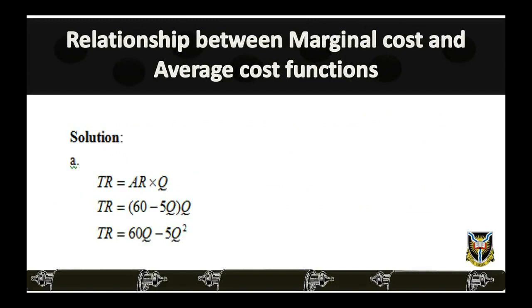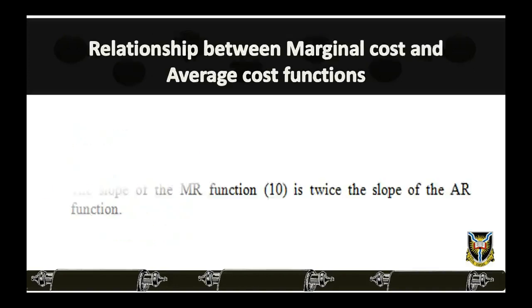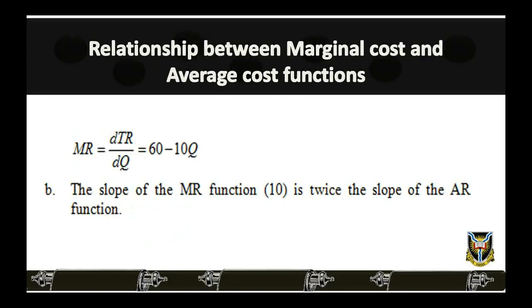A. TR equals AR times Q. TR equals (60 minus 5Q) times Q. TR equals 60Q minus 5Q^2. MR equals dTR/dQ, which equals 60 minus 10Q. B. The slope of the marginal function is twice that of the average revenue function.